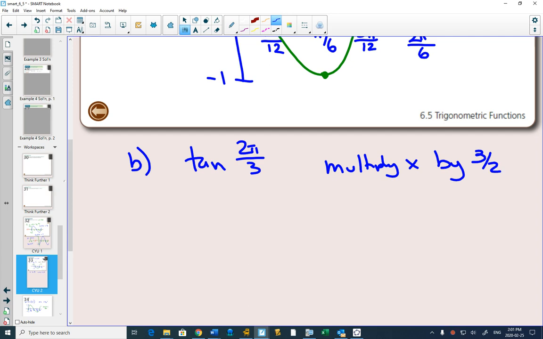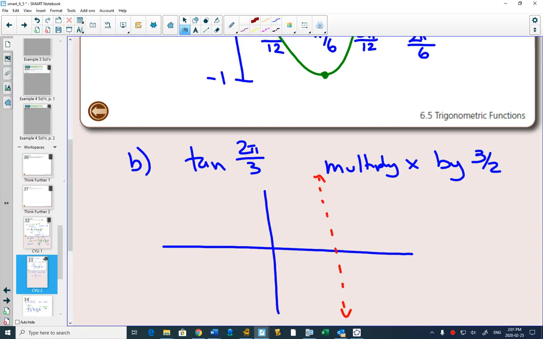Multiply by the reciprocal. So if you think about your tan graphs, your tan graph had an asymptote at pi over 2, another one at 3 pi over 2. I'll include the one at negative pi over 2. That's where it was originally.